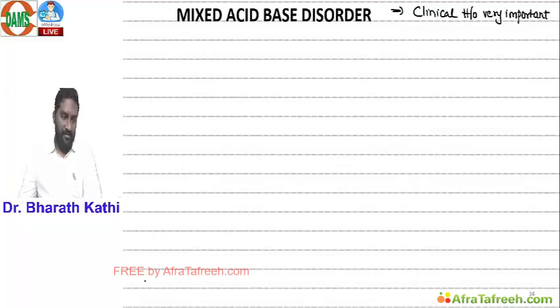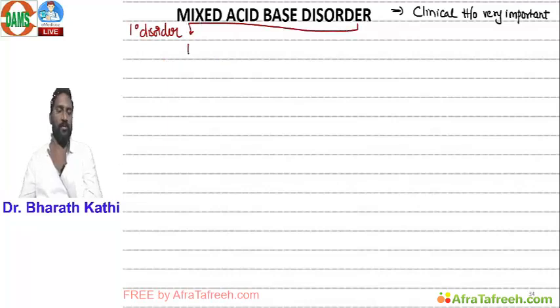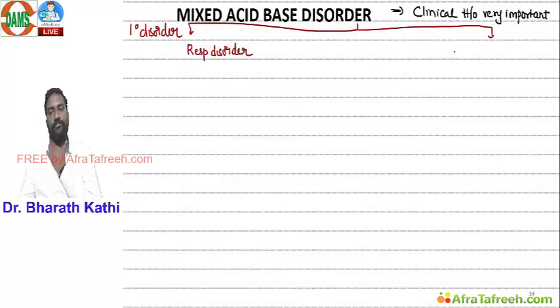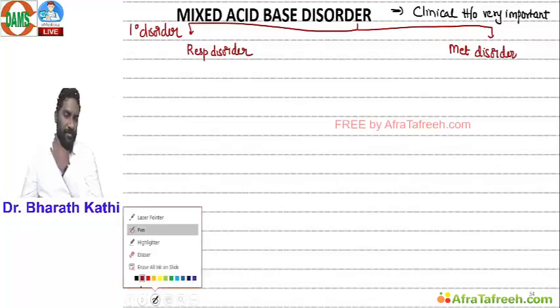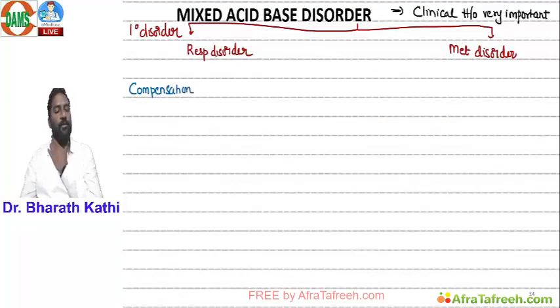For your convenience, I am rewriting the algorithm once again. After pH, we try to identify the primary disorder. This primary disorder can either be a primary respiratory disorder or a metabolic disorder. If it is a primary respiratory disorder, what compensation do we calculate? Metabolic.